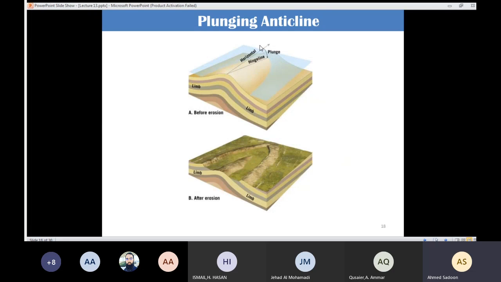So if you draw an angle here, we're going to call it plunge angle. This one is going to have a value, not 0. In other words, the hinge line for that case is going to penetrate the ground, which is this one. And if the erosion conditions are present, in that case, this part is going to be eroded.